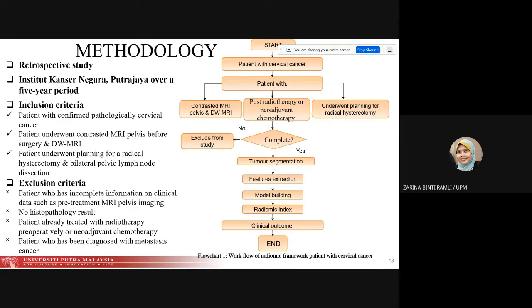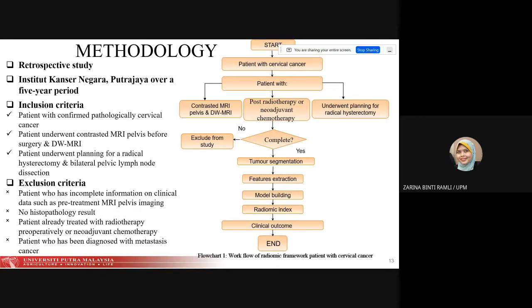At IKN, we have a fully integrated system between the medical patient data and the radiological data, so I get all the patient demographic information from the system because all the information is already in the system.